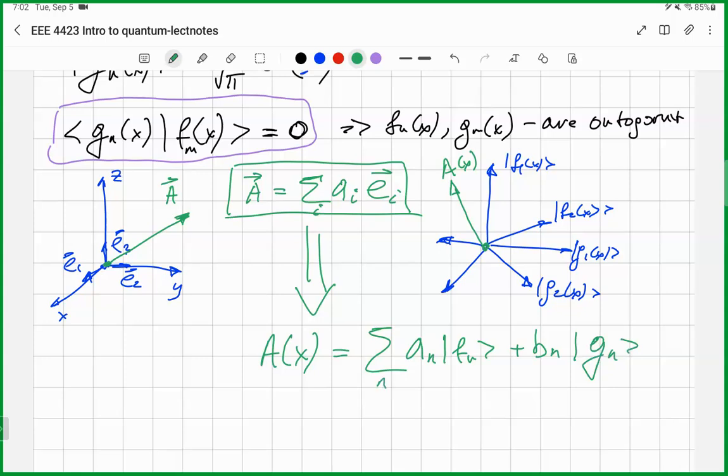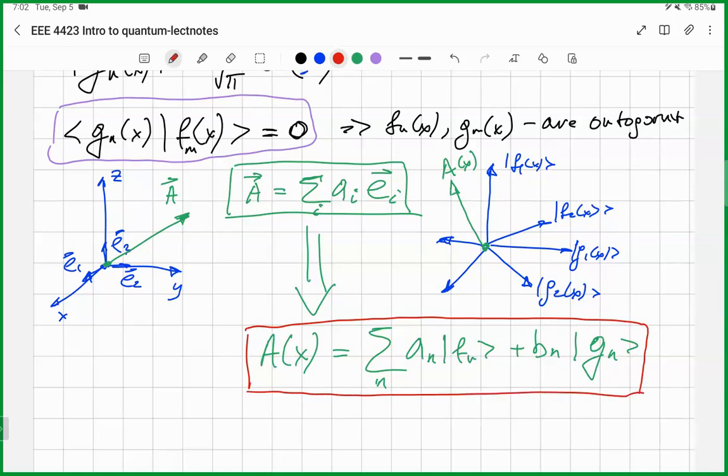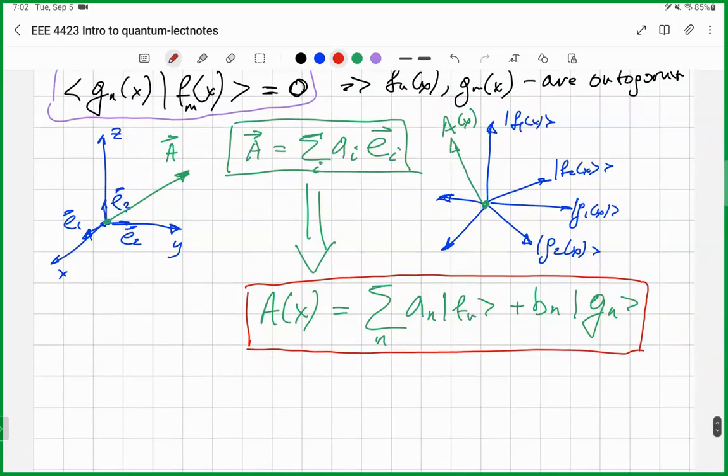And the summation over n. And you probably recognize this. What is this? This is the Fourier transformation, right?